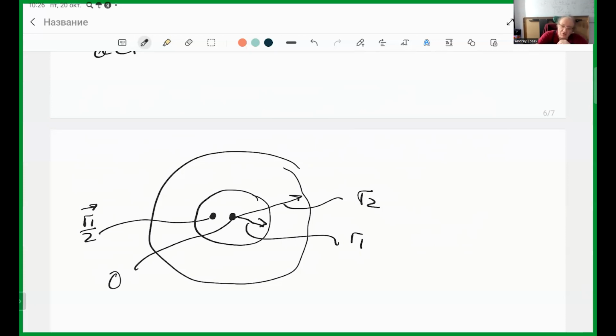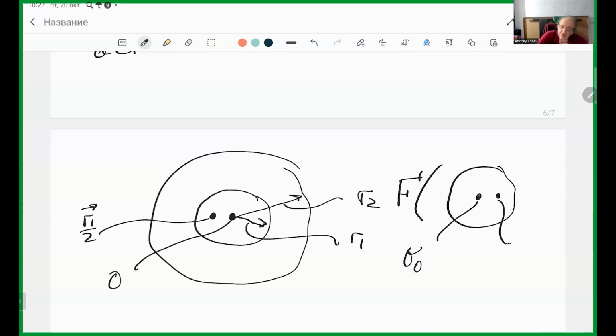Then what I'm going to study is the functor applied to, and here I have observable O0 and here I put observable O1.